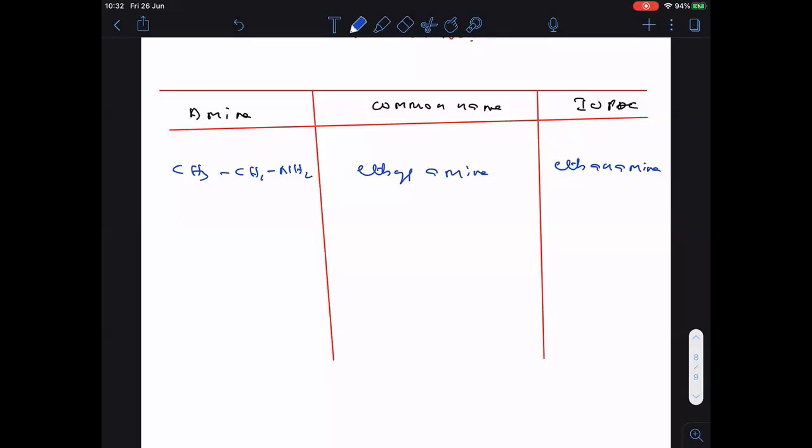Now, in a similar way, if I take one more, CH3CH2CH2NH2, here a propyl group is there, so it is said to be propylamine, and according to the IUPAC system, it is said to be propanamine.